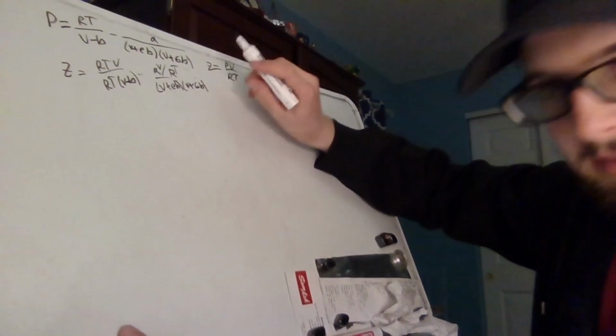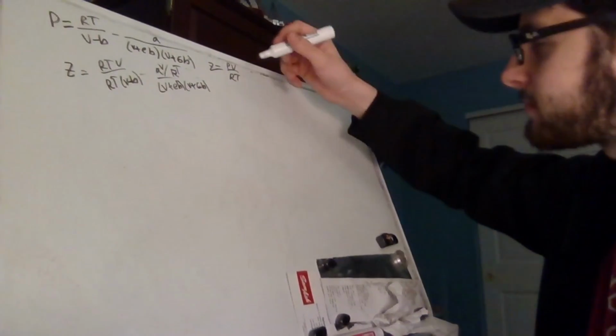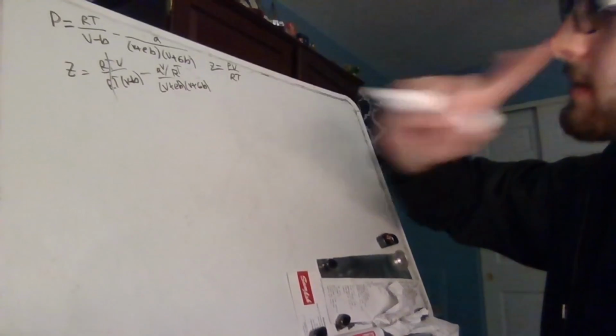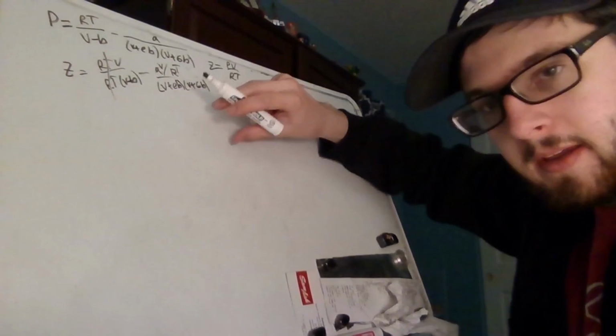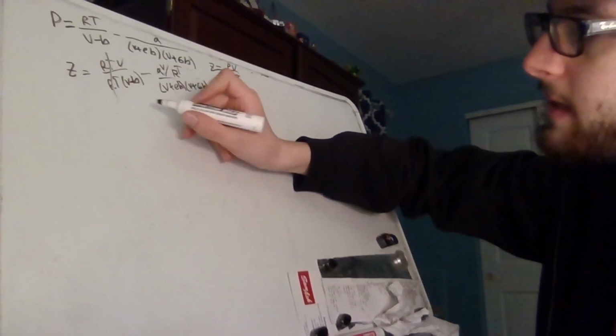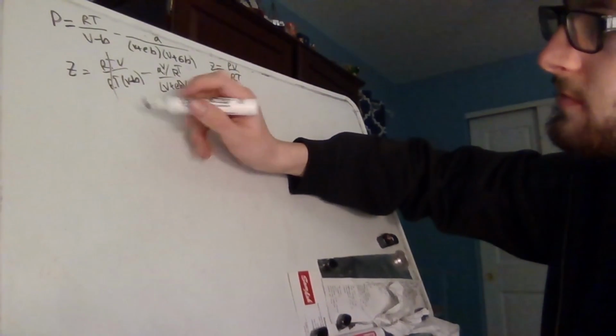Now, my sigmas are going to look like 6's here, so excuse that. And then we notice these cancel out. And then you see how there's all these V's everywhere? Well, we can divide everything by V, or at least factor it out.